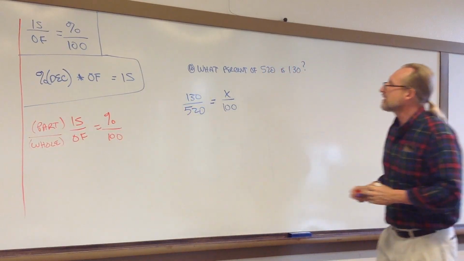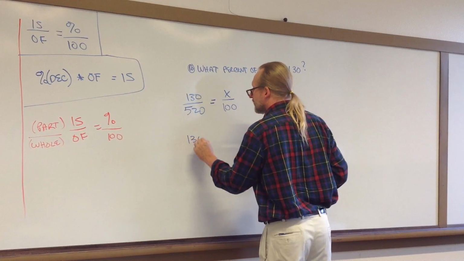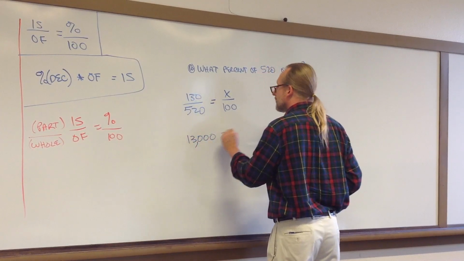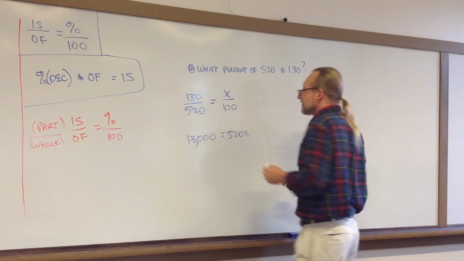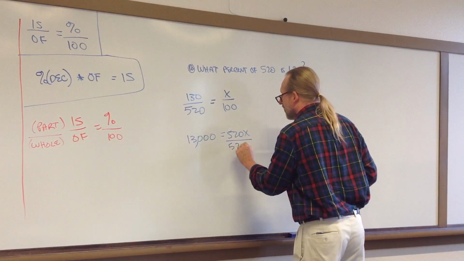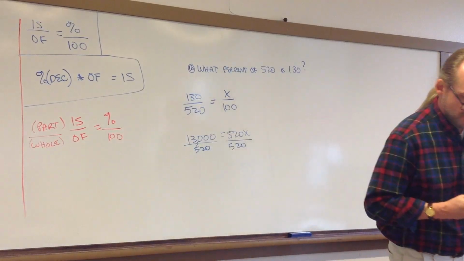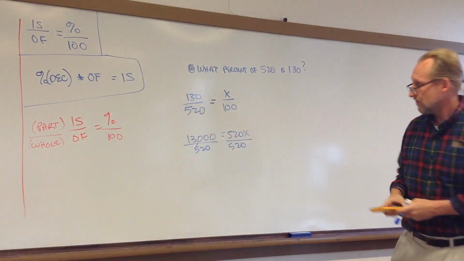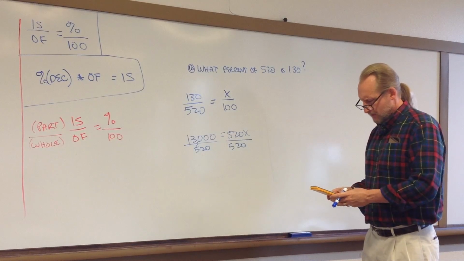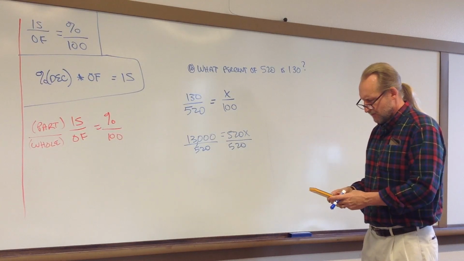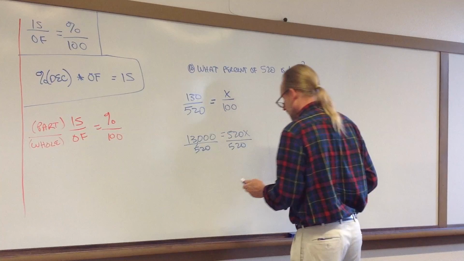And so if we want to cross multiply, we do 130 times 100, and then 520 times x, and then divide on both sides by 520. So 13,000 divided by 520 equals 25.